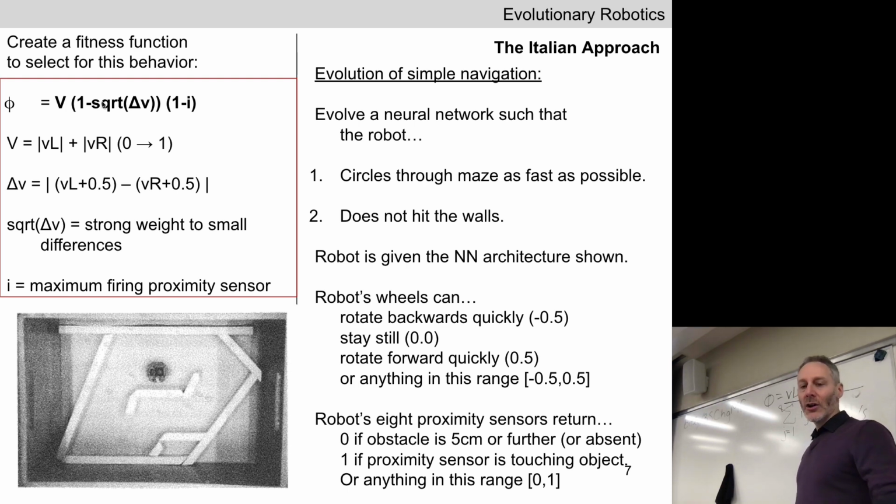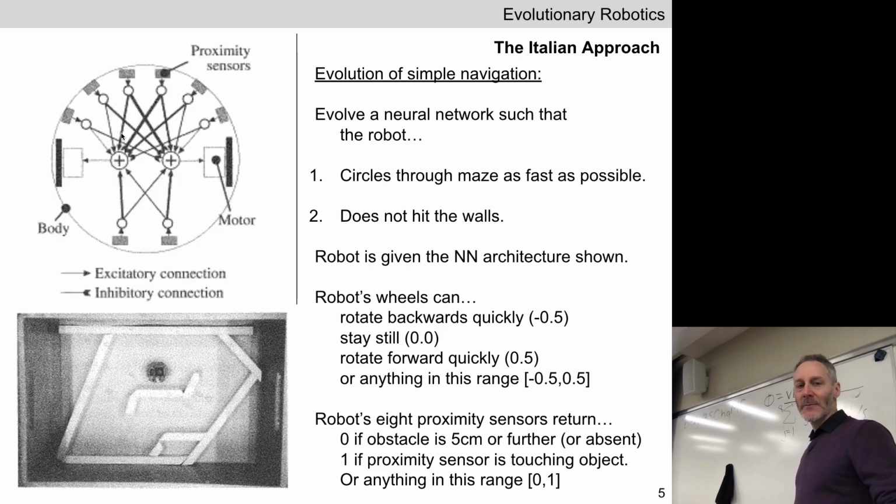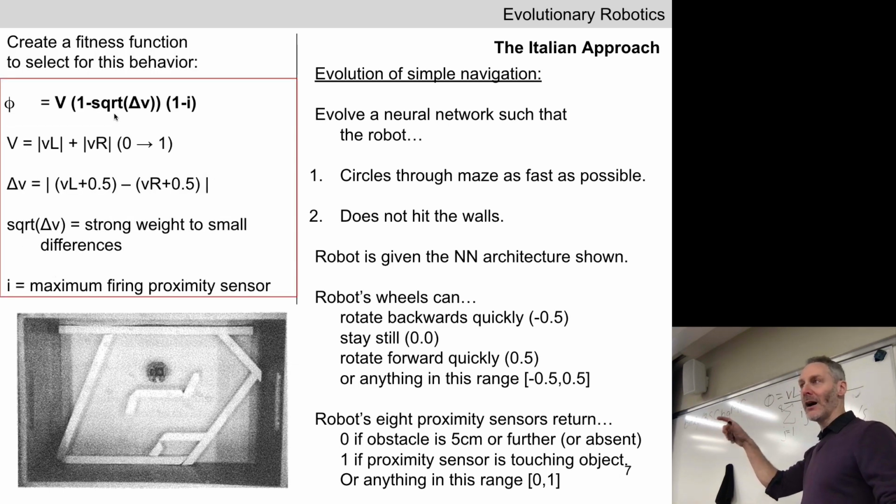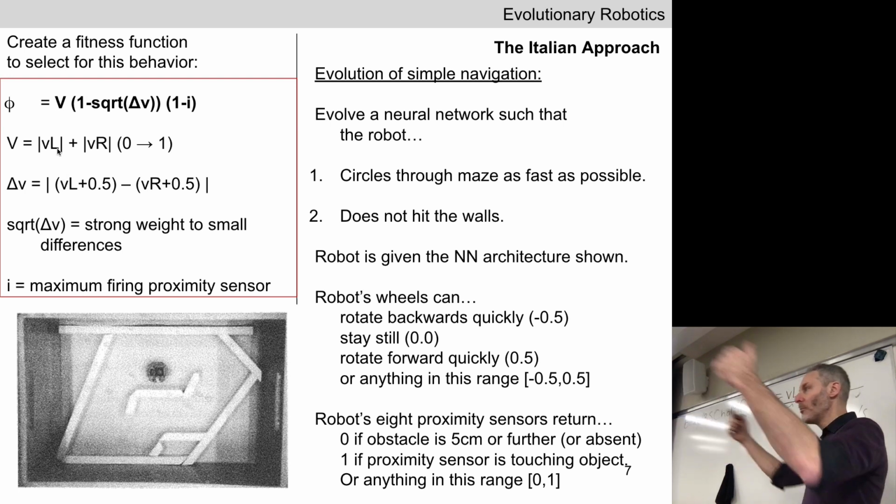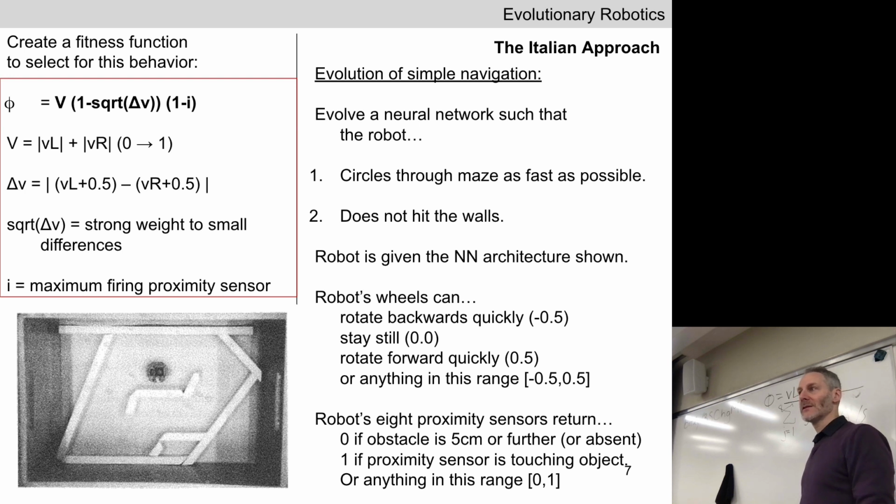So some set of synaptic weights dropped into the robot and the robot starts performing, a set of synaptic weights can maximize 1 minus delta V by getting both wheels to turn as similarly as possible. And that same set of synaptic weights can maximize V if they're spinning backwards together really fast or forward together really fast. So far, so good?